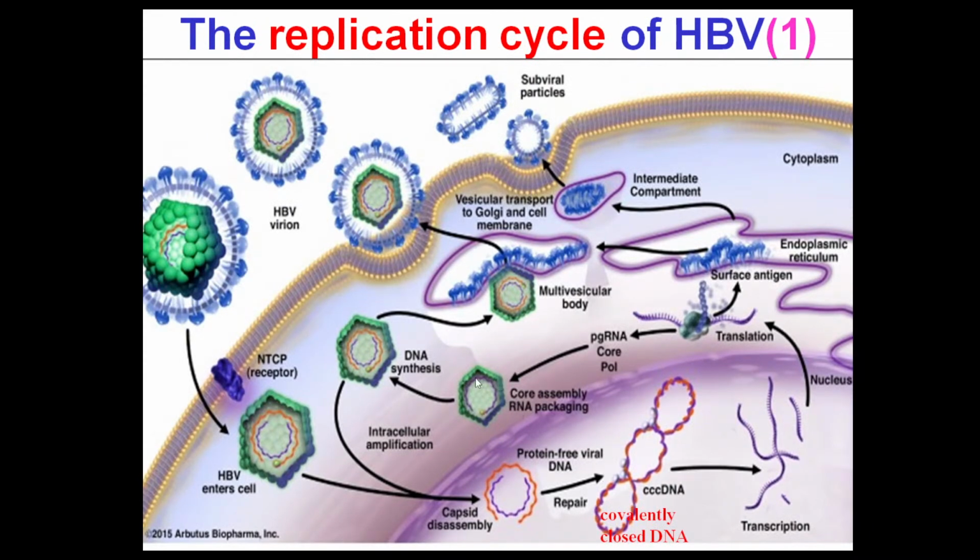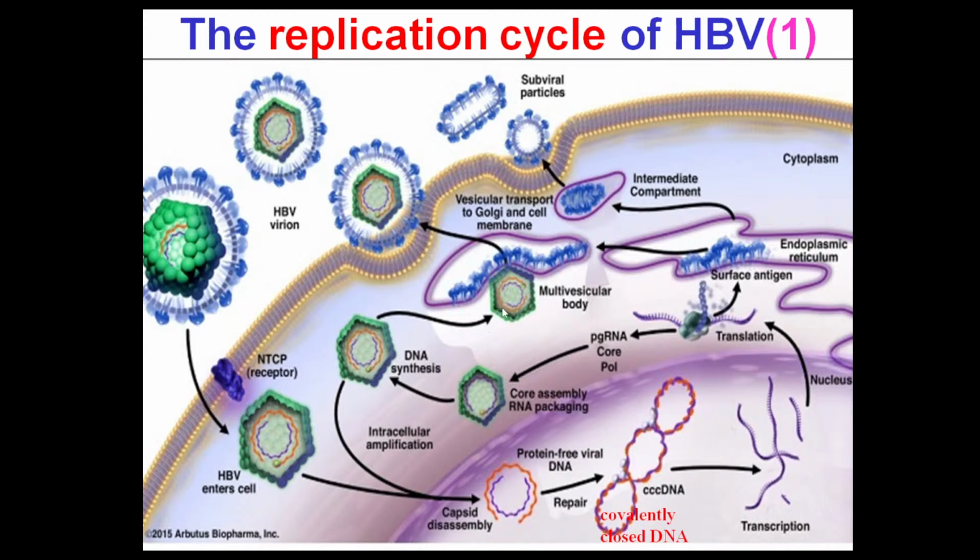So then, when the pre-genomic RNA, together with polymerase, is packed into the core, only there the DNA synthesis will occur, inside the core where the nucleic acids are packed already.